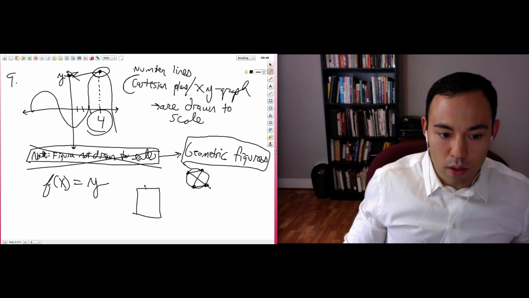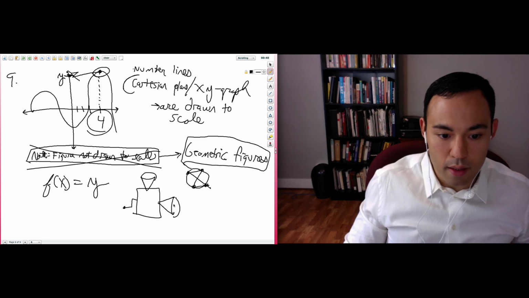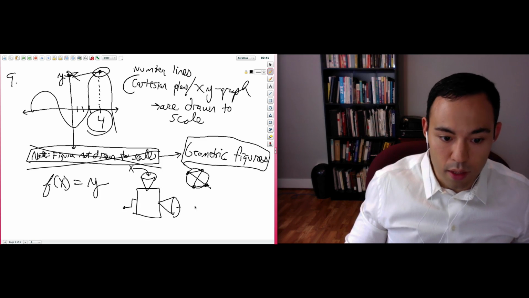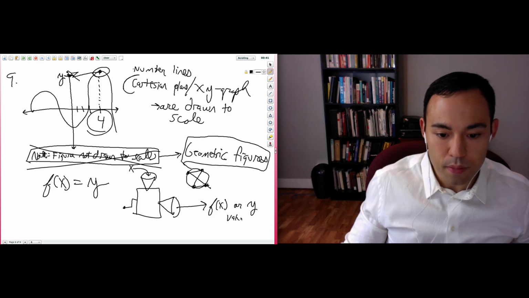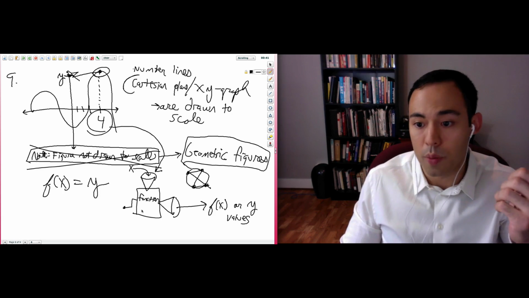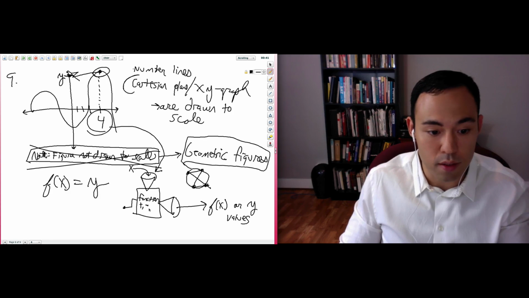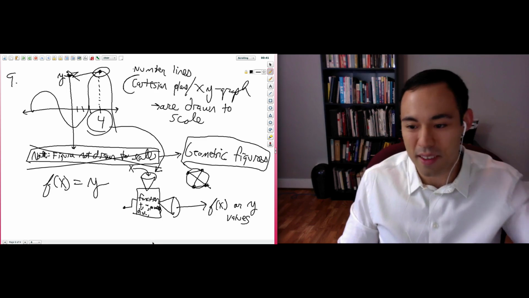Functions are like a machine. Imagine this little machine with a crank that someone turns, and you put in x values and out pop f of x values, or y values. So when you put a 4 into the machine that is the function, the gears of the function are algebraic manipulations: addition, subtraction, raising things to powers, division, logarithmic expressions, which you won't see on the SAT.